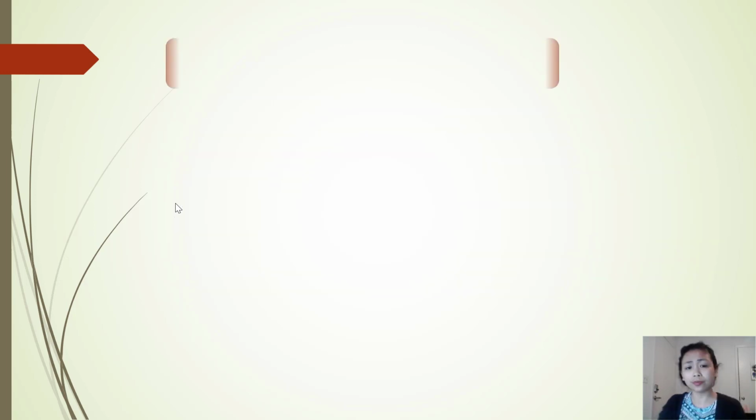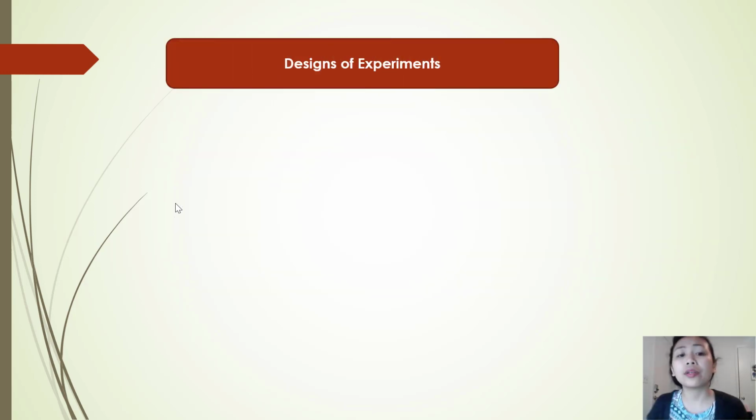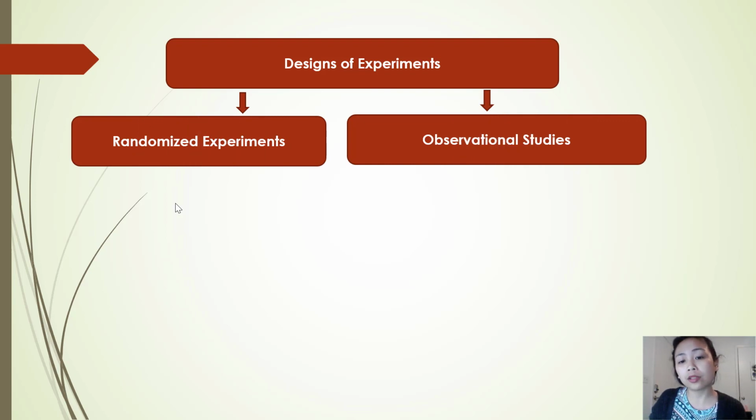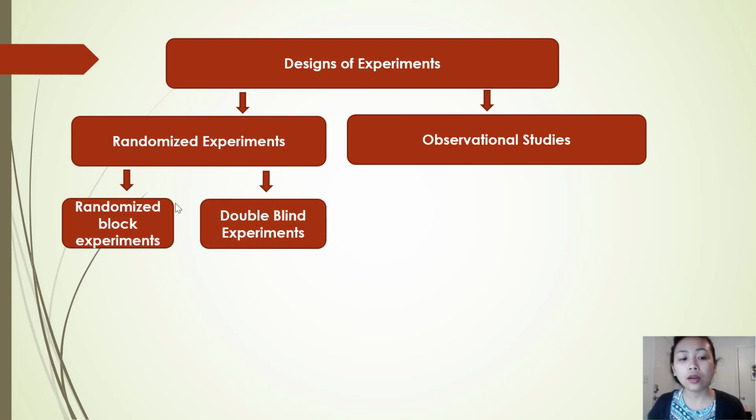Okay, so now we look back at what we learned today. Studies fall into two main types: randomized experiments and observational studies. In randomized experiments, we have two basic designs: the randomized block experiments and double-blind experiments.